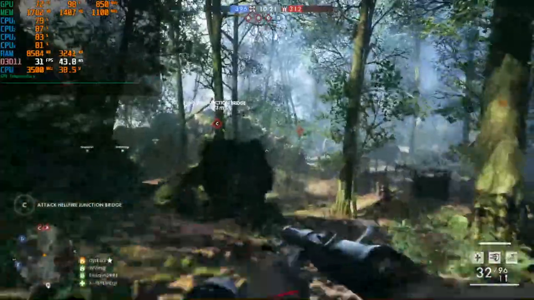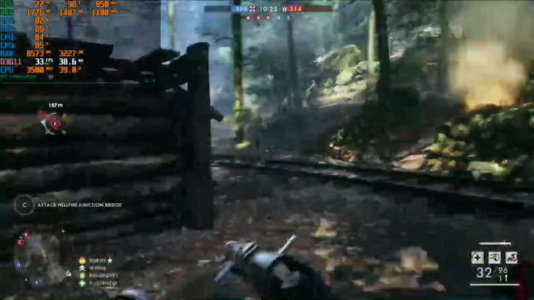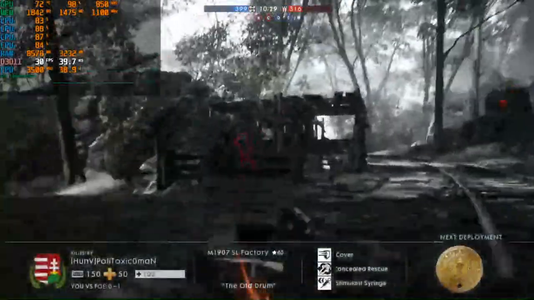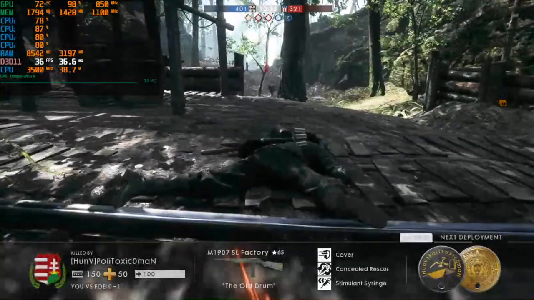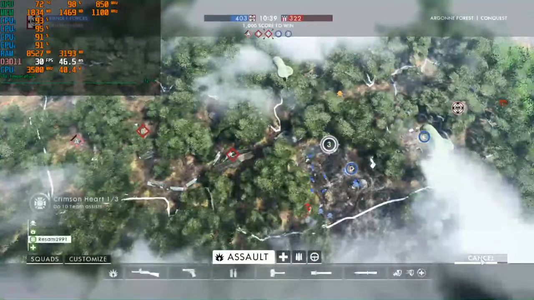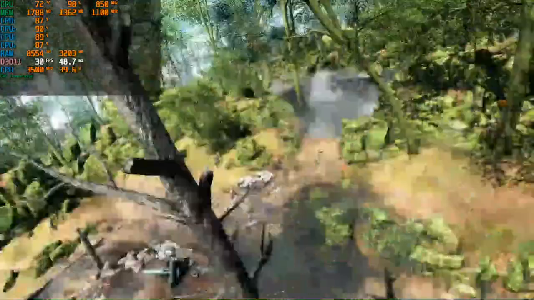You see that now we're just having that console experience again, 29, 30, 31 frames, sometimes jumping a little bit higher. But then it gets so choppy that when you get these interactions with enemies, you get these micro stutters going on. In CPU utilization it's exactly the same.